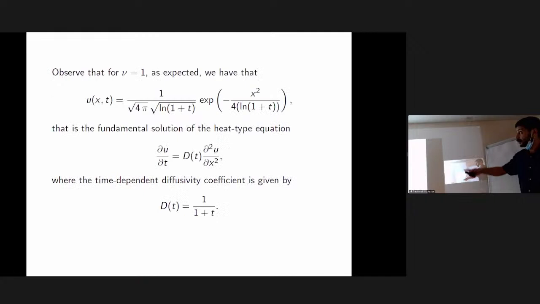And you can find that for m equal 1, the fundamental solution coincides with the fundamental solution of the heat-type equation, where the diffusivity is equal to 1 over 1 plus t, with the diffusivity dependent on the time.